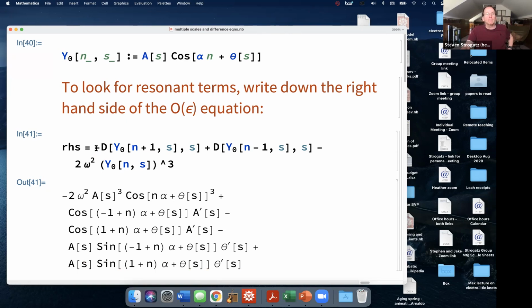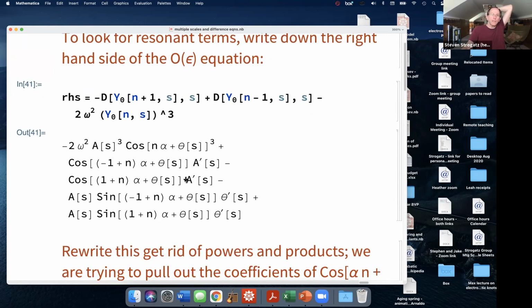So it's what I just said, this derivative with this subscript at n+1, the opposite sign on this derivative, subscript at n-1, and then subtracting this 2 omega squared y0 cubed term. Okay, so I substitute in this y0, I get a bunch of junk. There it is.